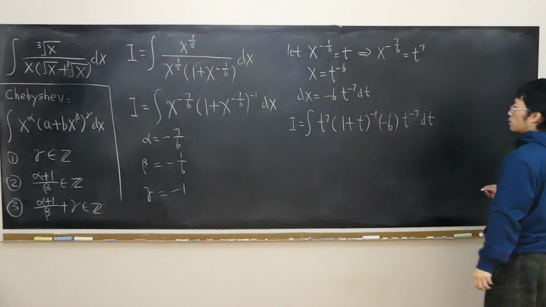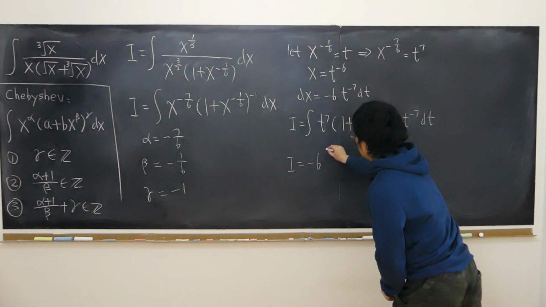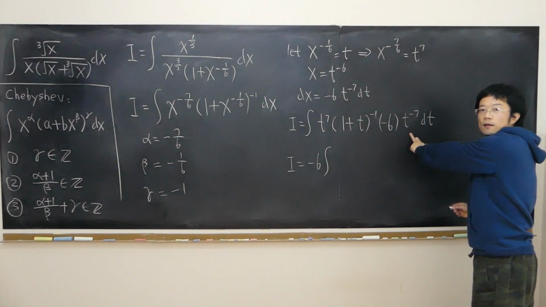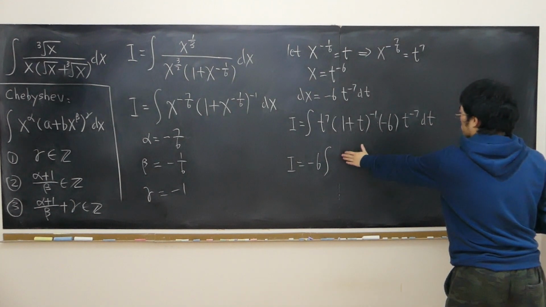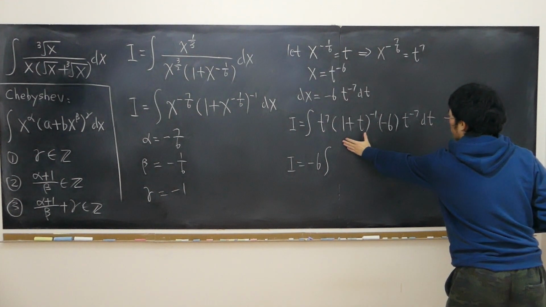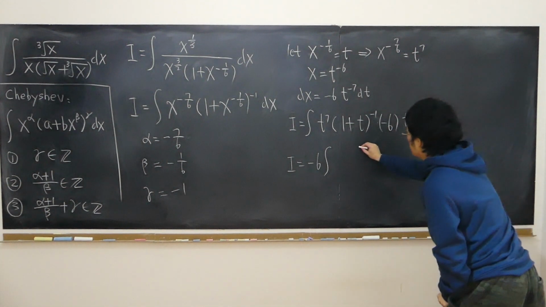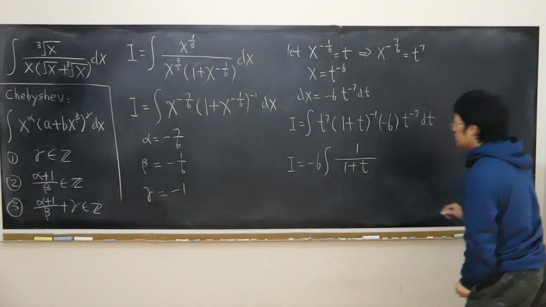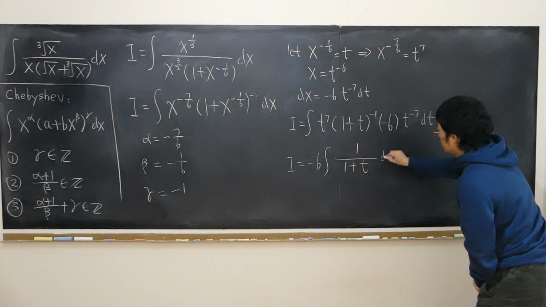Simply take out the coefficient, so I is equal to minus 6 times the integral of t to the 7th and t to the minus 7th, which cancel each other out and become 1. What's remaining is 1 over 1 plus t, because it's to the power of minus 1, dt.